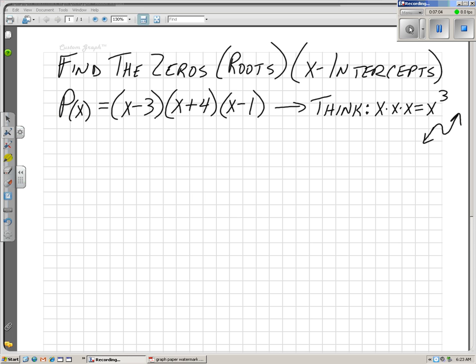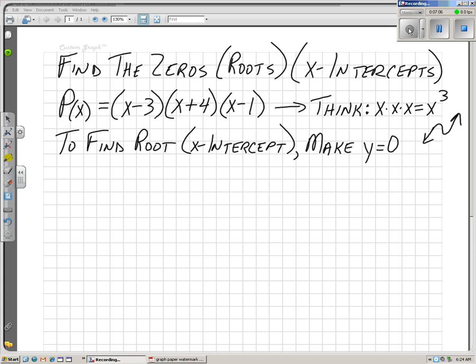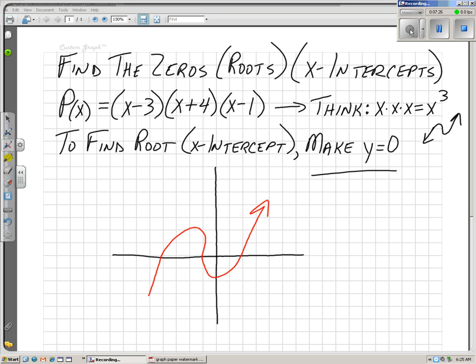Now you guys remember back in junior high when you had to find the root, back in junior high we called it an x-intercept. When you had to find the x-intercept, you had to make your y equal 0. Now a little reminder about why that happens. Let's say we have our cubed graph and maybe it looks, whoa, that's not a very good graph. But let's say it crosses right there. Where are my roots?